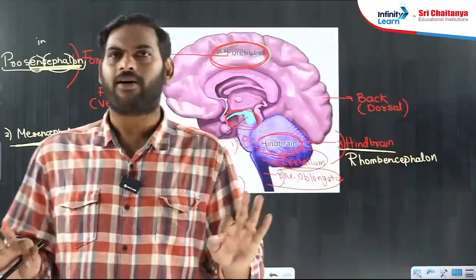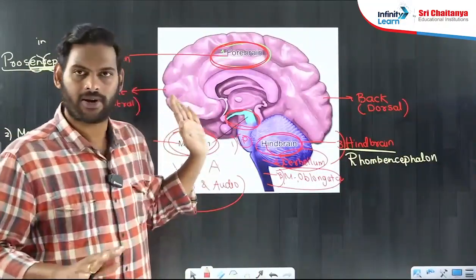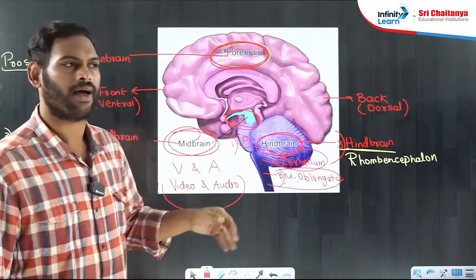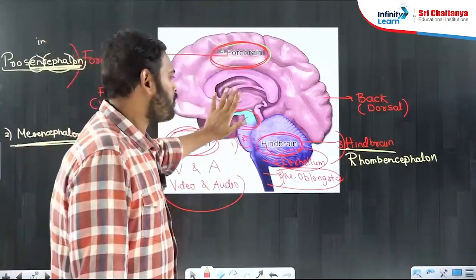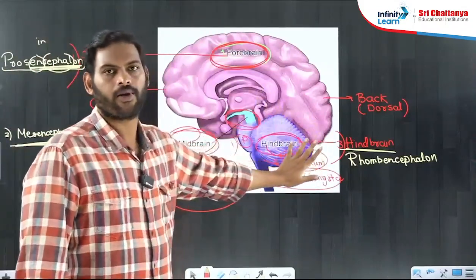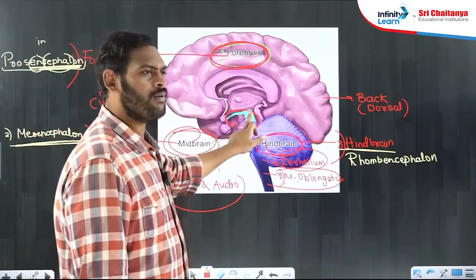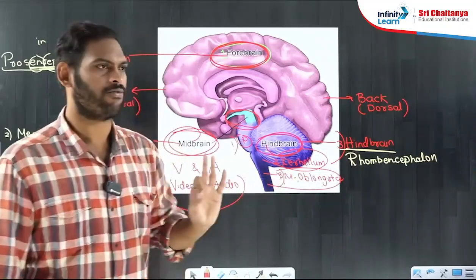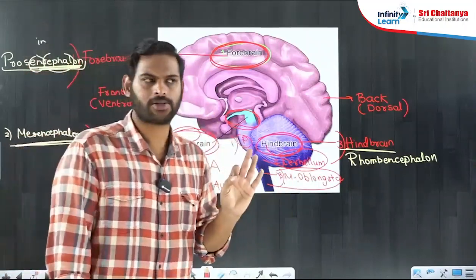Once you come here, I'll let you know detailed anatomical structures of the brain and even more and more details. As of now, memorize forebrain, midbrain, hindbrain, cortex, diencephalon, audio video center, pons, cerebellum, oblongata. That is enough. Do not get into depth of details.